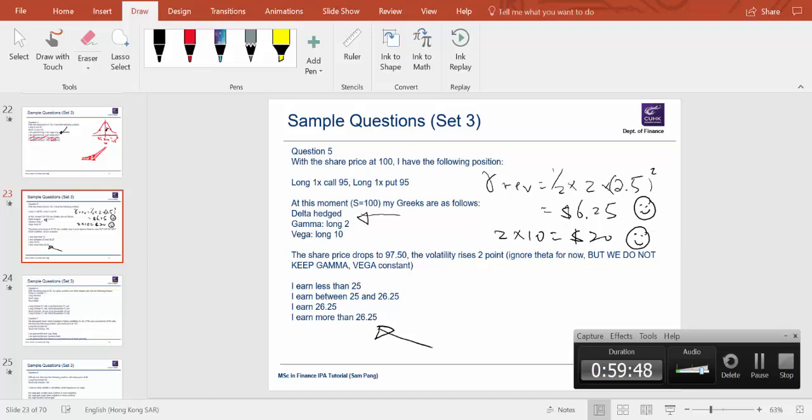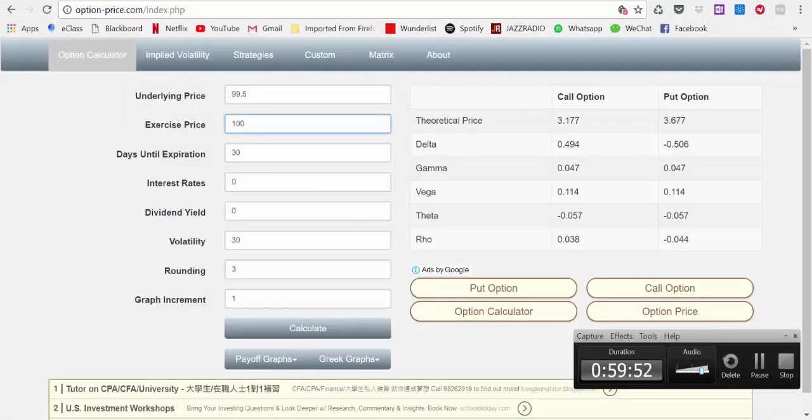If you don't understand, say so. Now, you understand what I'm saying here. Imagine you are long the call and you are long the put. You are long both. What would be the delta of a portfolio like that?